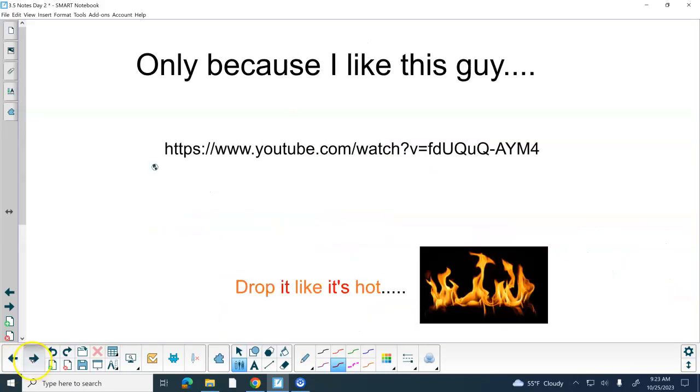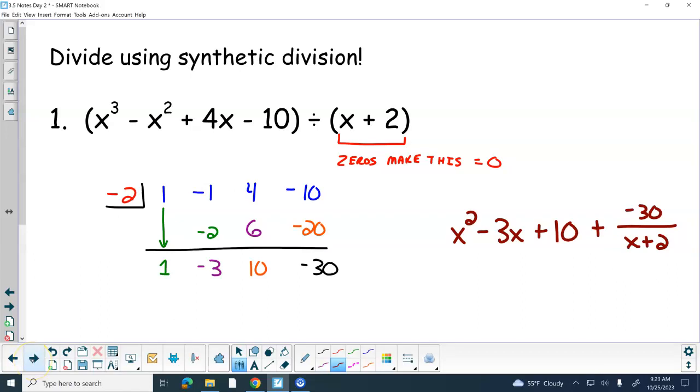But again, synthetic division only works if we have those special linear factors.